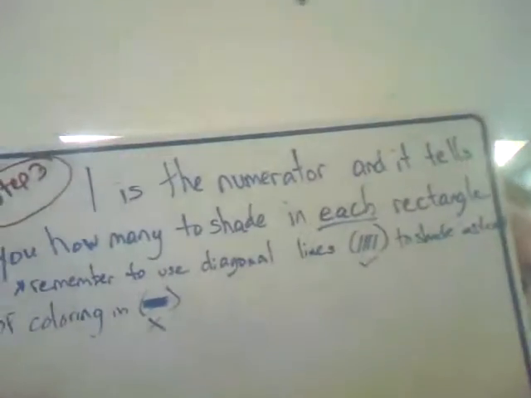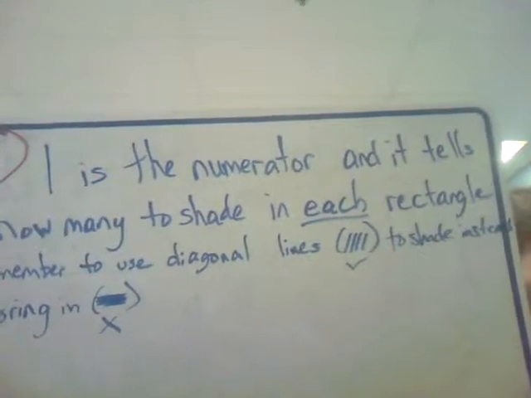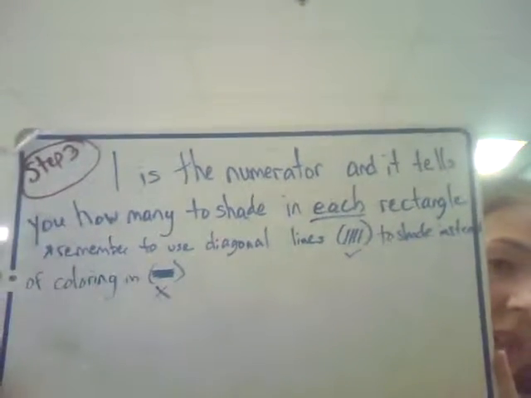So again, I underline each because it is very important that once you've cut them into pieces, that you shade in each rectangle separately. So the numerator is the last step. Step 3 is the last thing you will look at, and it is what will let you know how many pieces to shade in each rectangle. And then I give a little note saying, remember to use diagonal lines, check mark, yes, the diagonal, see, to shade instead of coloring in.